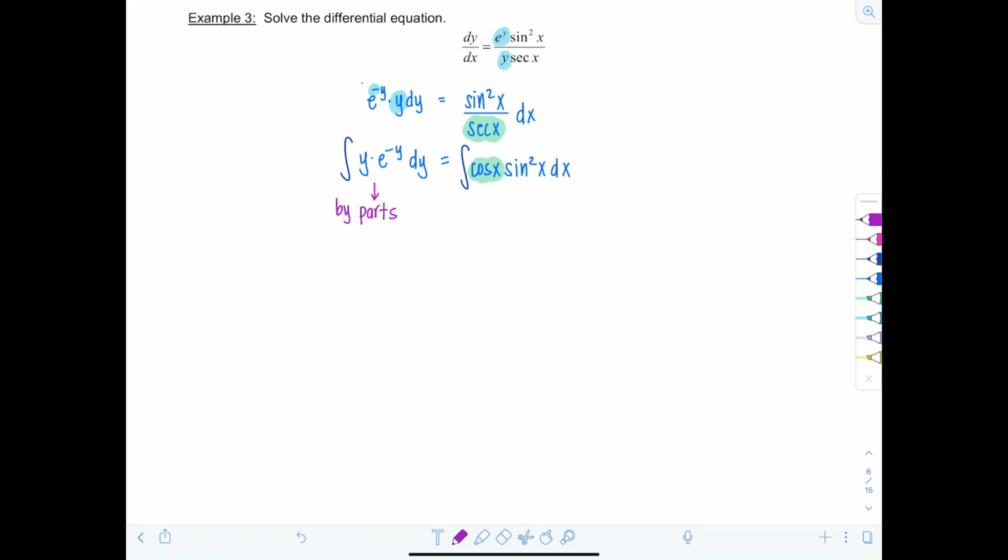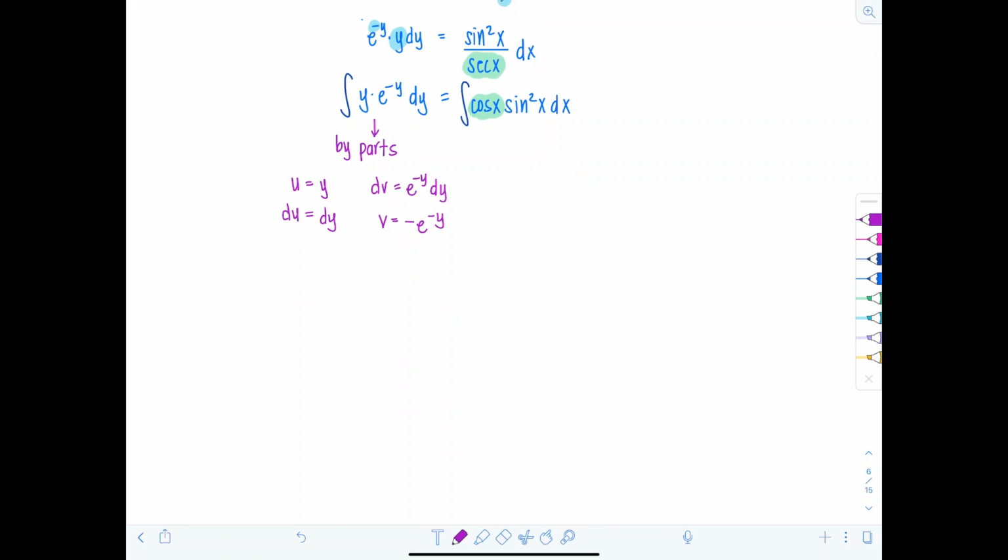Oh my goodness. So we pick a u and we pick a dv. u should be y, right? And then dv is going to be e to the negative y dy. So then du is dy, and v is going to be negative e to the negative y.